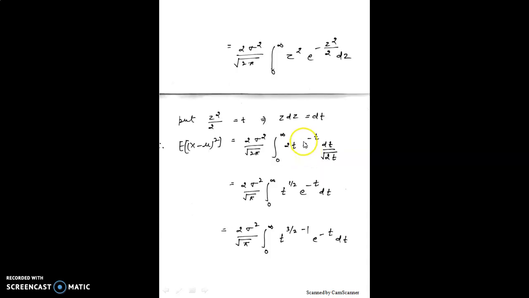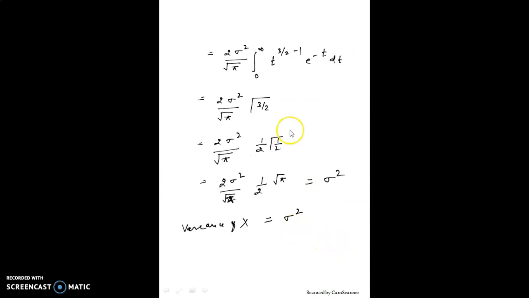So let us substitute z square by 2 equal to t, then z dz equal to dt, and the whole integral will become integral from 0 to infinity t to the power half e to the power minus t dt, which is t to the power 3 by 2 minus 1 e to the power minus t dt, which is nothing but gamma 3 by 2.